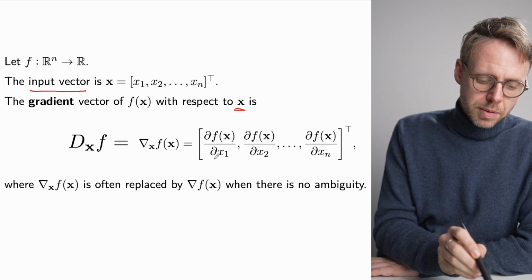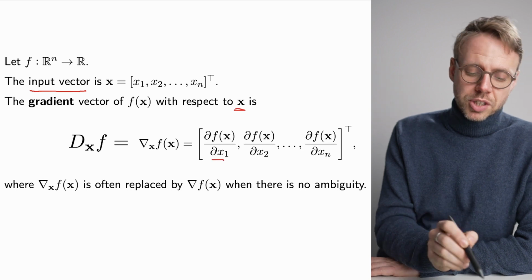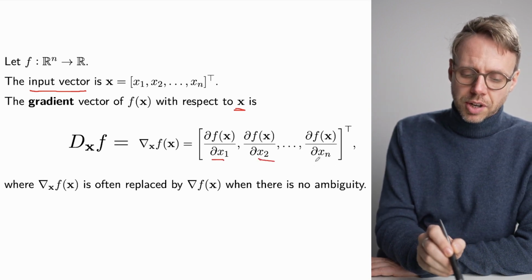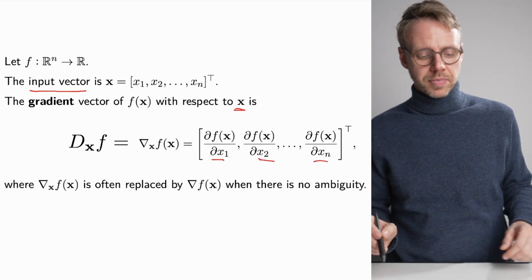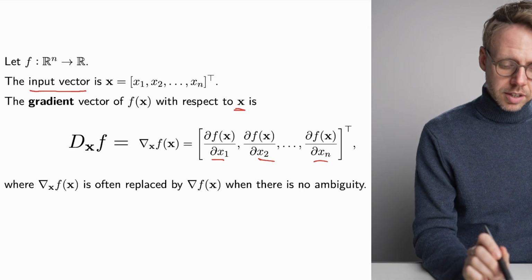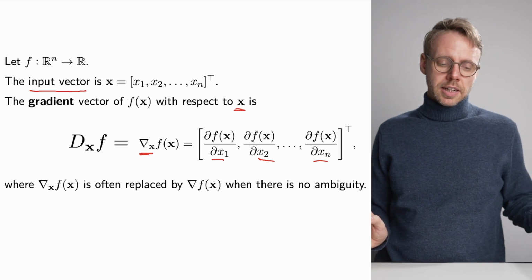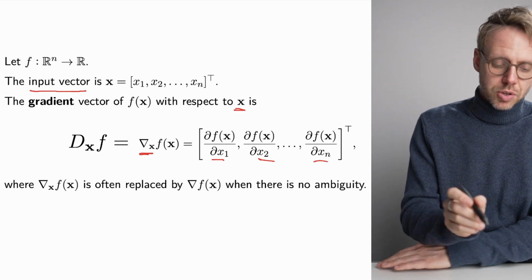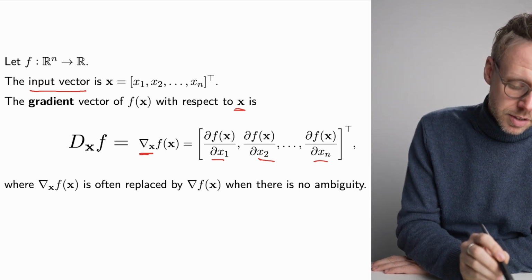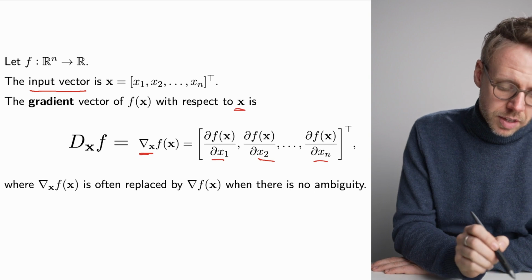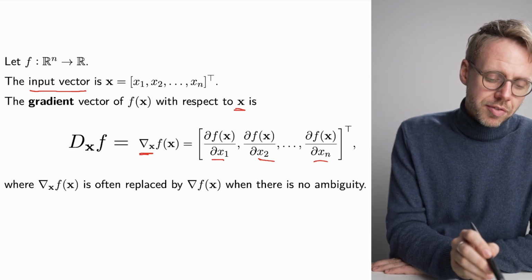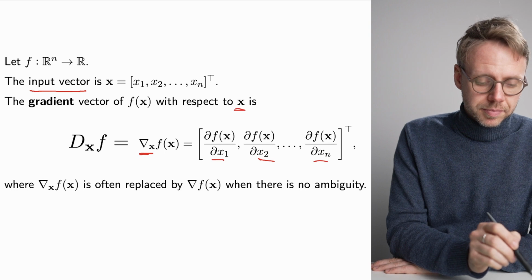So we're taking the partial derivative with respect to the first coordinate, the second coordinate, and so on, up to the nth coordinate. And the gradient is typically denoted by this upside down triangle, which is called nabla. So it's the gradient of f with respect to x.